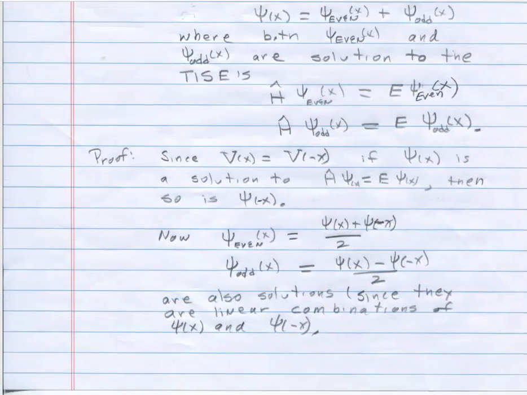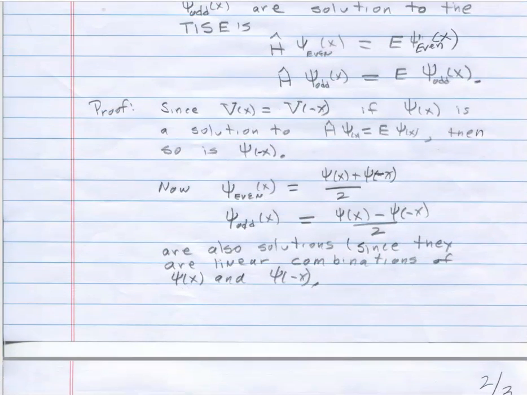Well, there's a variety of ways to go about doing this. Let's look at one of them. First, from our video last time, we know that if the potential is an even function and psi of x is a solution, then psi of minus x is a solution. That was one of the theorems that we proved. And I know that any function, psi of x, can be written by extracting its even and odd parts.